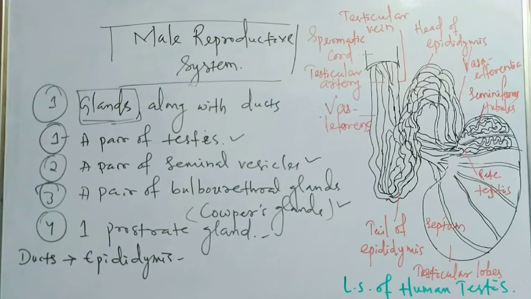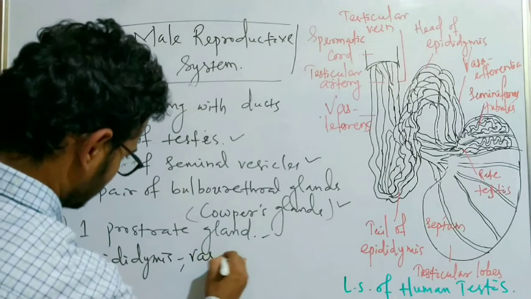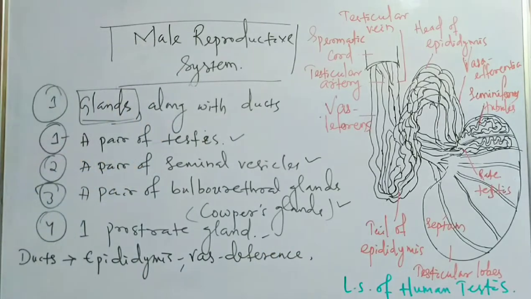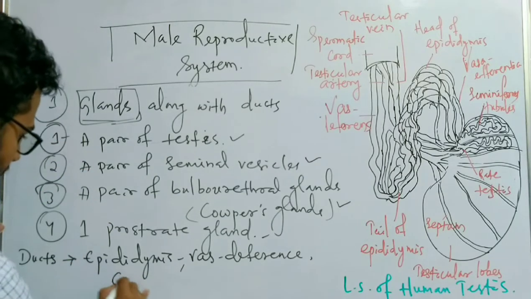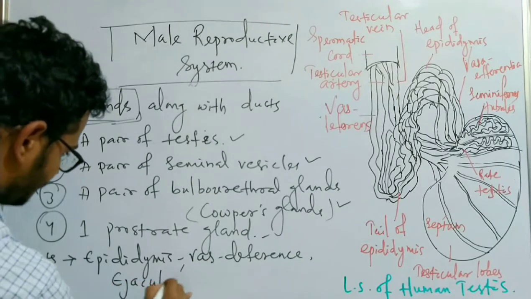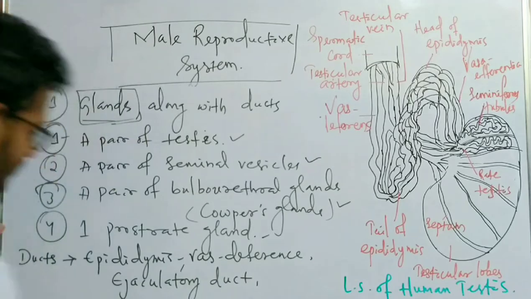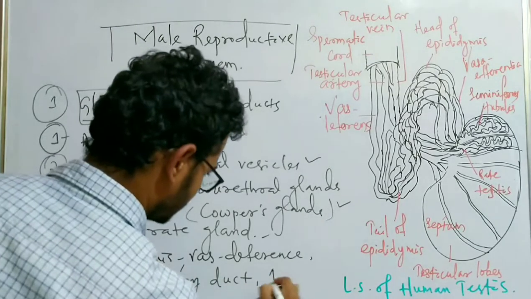It is present in pair. Then the vas deferens. It is also present in pair, and a pair of ejaculatory ducts. And with this, a single urethra is present.